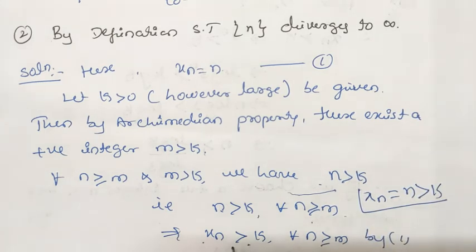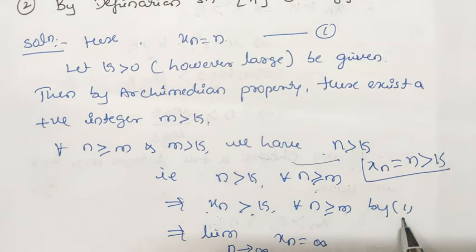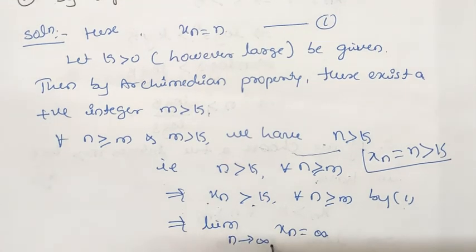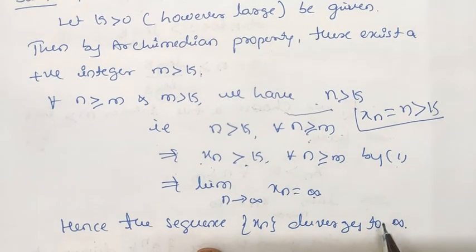So xn is greater than k for all n greater than or equal to m. It means the limit as n tends to infinity of xn is equal to infinity. Hence the sequence xn diverges to infinity.